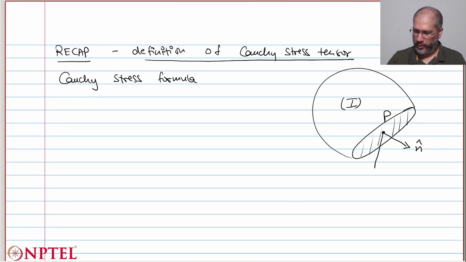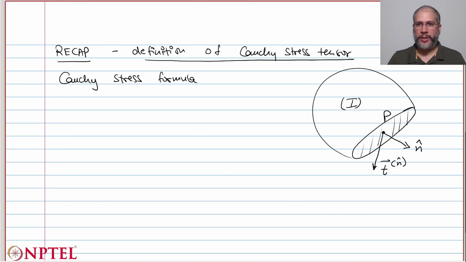And we showed that the traction vector, which acts because of part 2 on part 1, is written as vector t with a superscript n hat. And this traction vector need not be in the n hat direction.